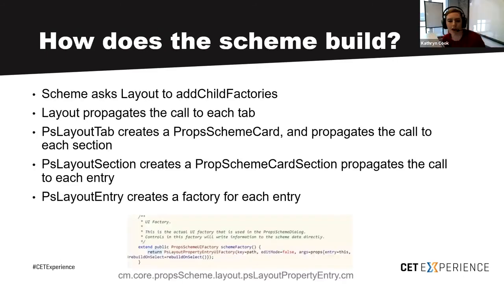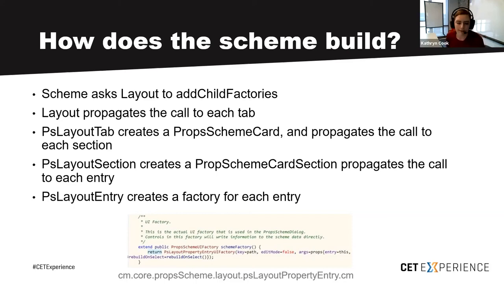Okay. So how does the scheme get built from this PS layout file? So prop schemes, the current configure version of schemes works based off of child factories. And this layout file basically directs the prop scheme system how to create child factories itself and then use those to construct a prop scheme.